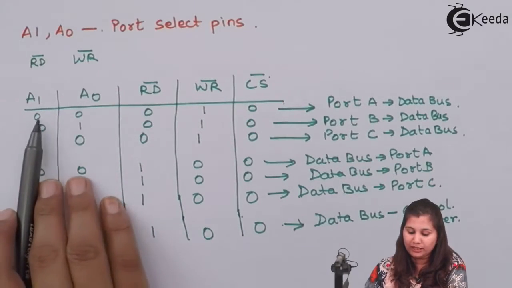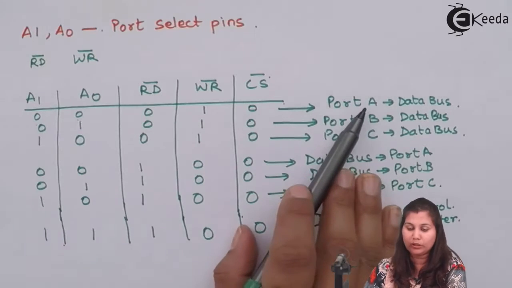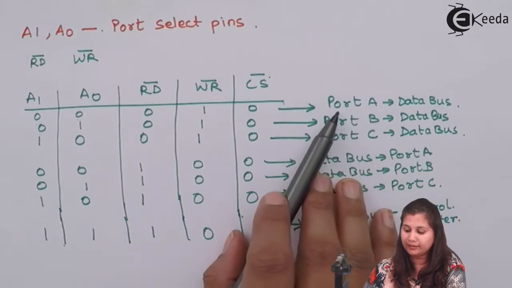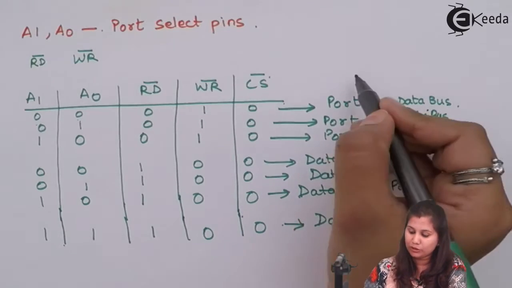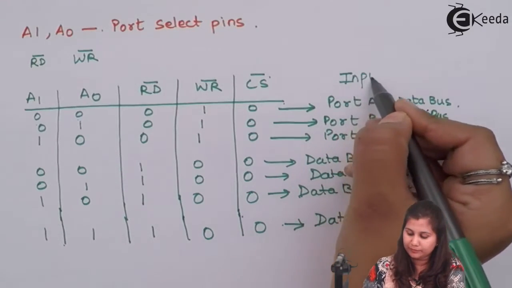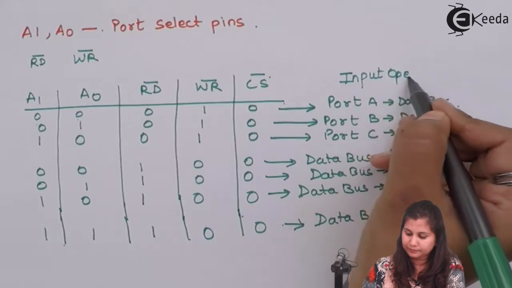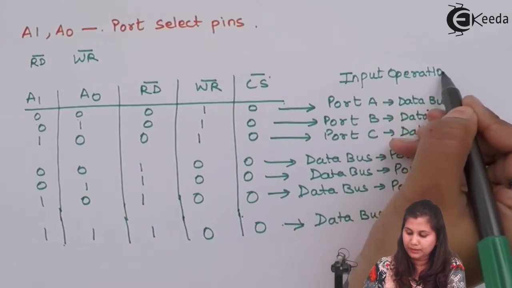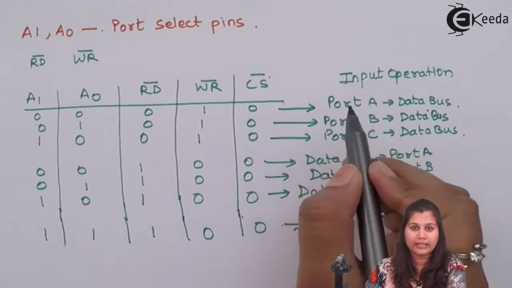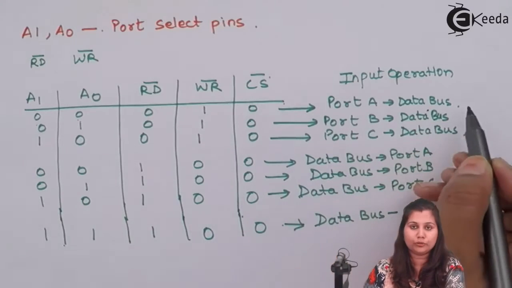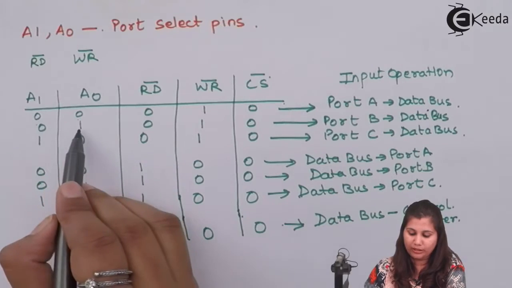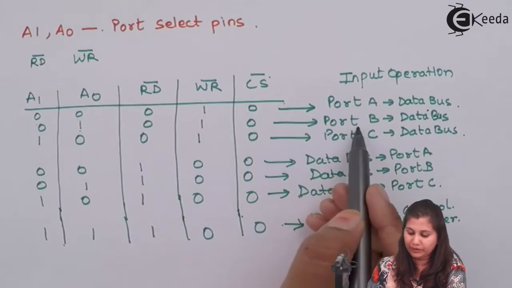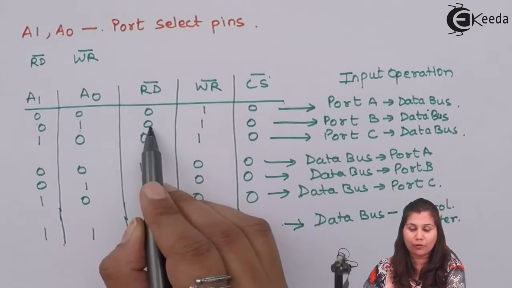So when A1 and A0 both are 0, then port A is selected and the data on port A is given on the data bus. So this is an input operation, meaning port A is giving an input to the data bus. Then A1 is 0, A0 is 1, then port B will be selected and it's a read operation.